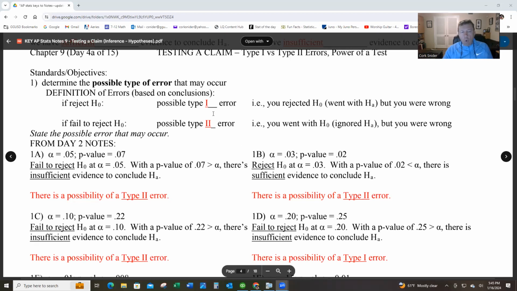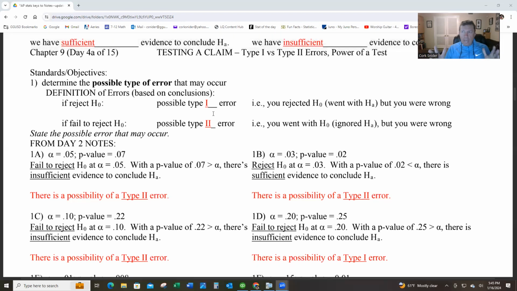When you are doing a test for something, let's say we are trying to figure out if a certain drug's claim is true, like headache medicine. The medicine says it'll get rid of your headache in 5 minutes on average.